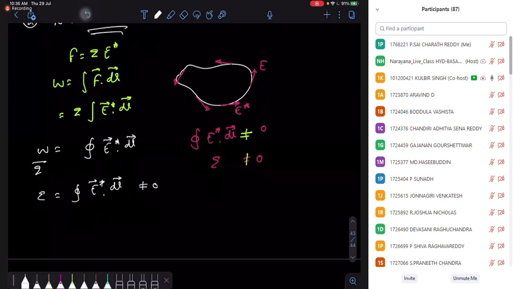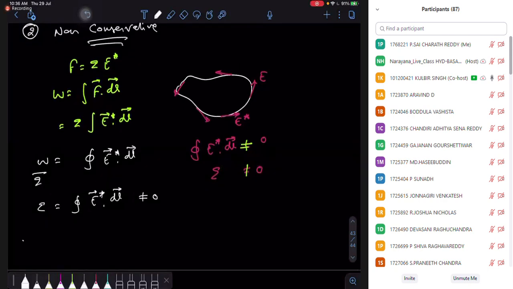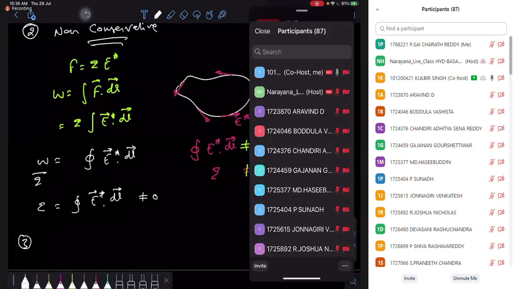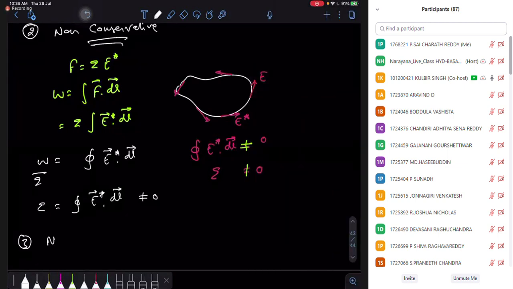When it is non-conservative, it also gives one more interesting thing. Conservative fields have potentials, right? So it's non-conservative, so there is no concept of potential.